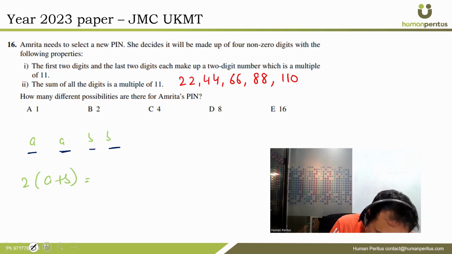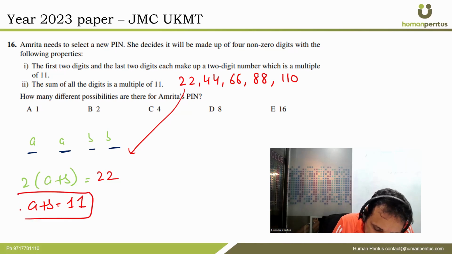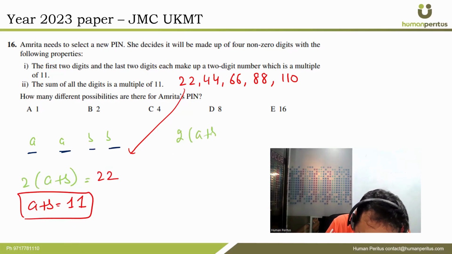So if this value is equal to 22, it means my A plus B will be equal to 11. Can it be 44? It can't be. Why? Because if 2 times (A plus B) equals 44, then A plus B will be 22.